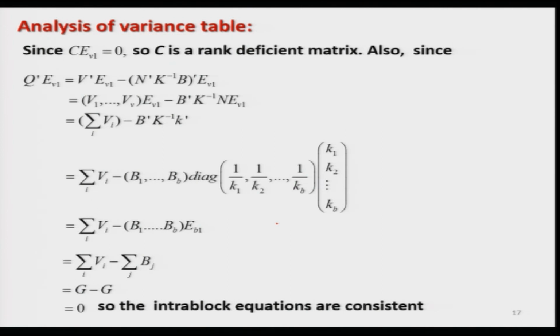And you can see here one result just for the sake of completeness, that because C into EV1 is equal to a null vector, C is a rank deficient matrix. You can see here C is a V cross V matrix, and all the row sums and column sums are 0. So, that means C is a rank deficient matrix, and if you try to obtain Q transpose EV1, that means the sum of all the adjusted treatment totals, you can solve it here.